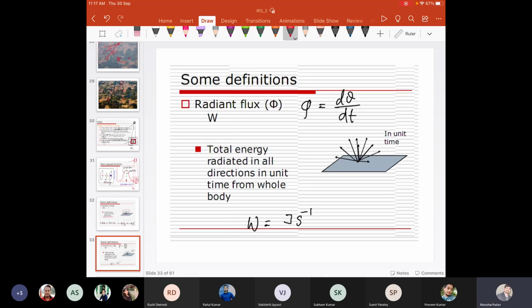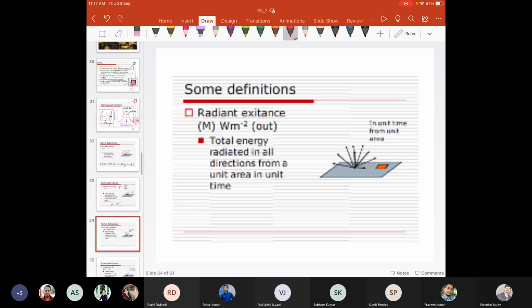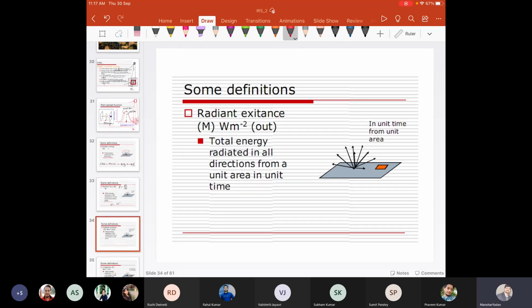Now we have another term, radiant flux. It is the total energy radiated in all directions in unit time from the whole body. Then we have radiant exitance. Here we define per unit area.